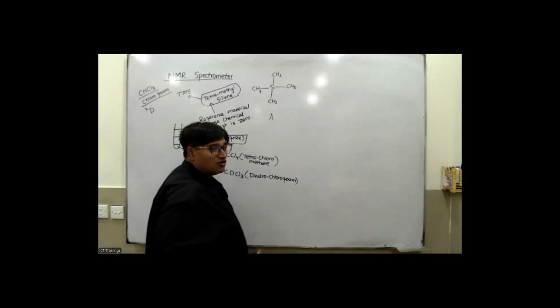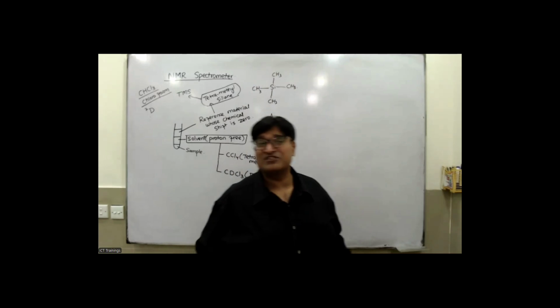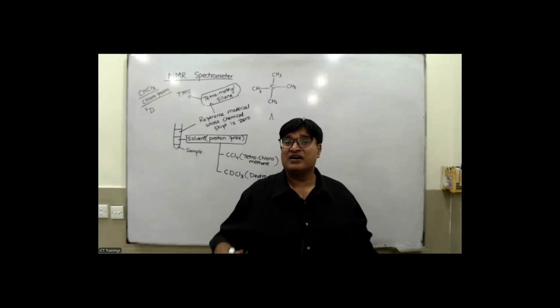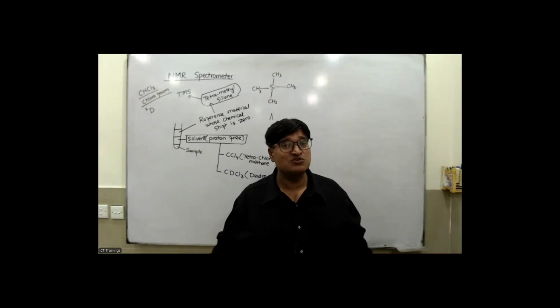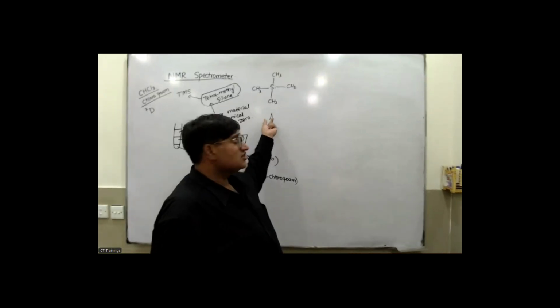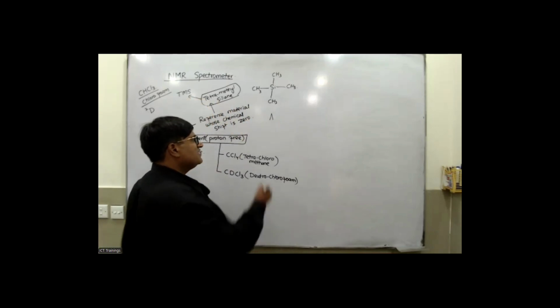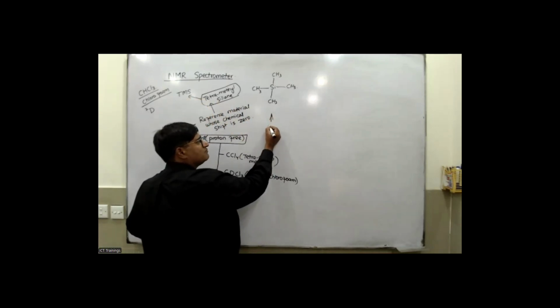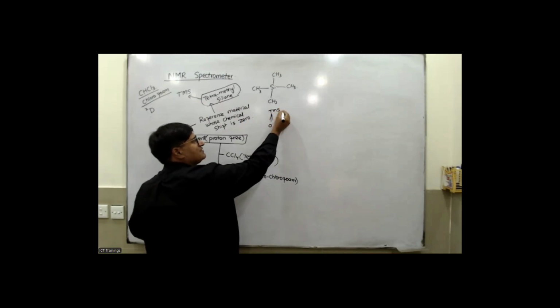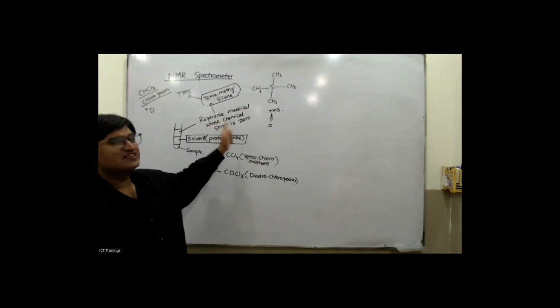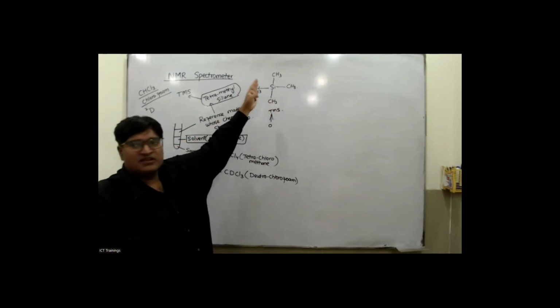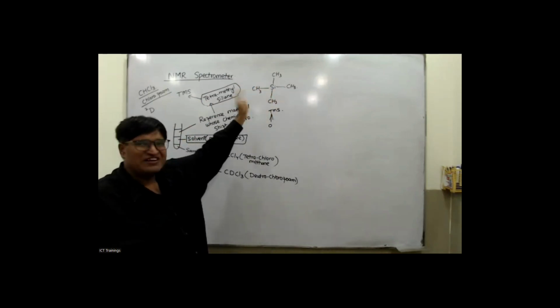Now keep in mind, my dear students, whenever an NMR spectrometer is being used, the first peak formed is that of TMS, and from the place where this peak is formed, the zero is started. So this is TMS, and its chemical shift is zero. It does not have a different environment.